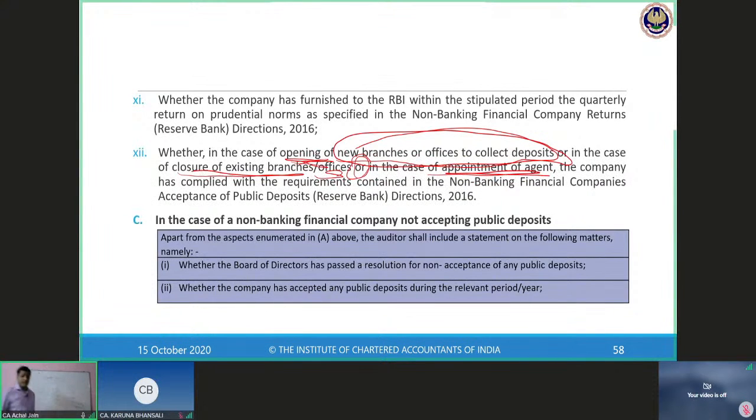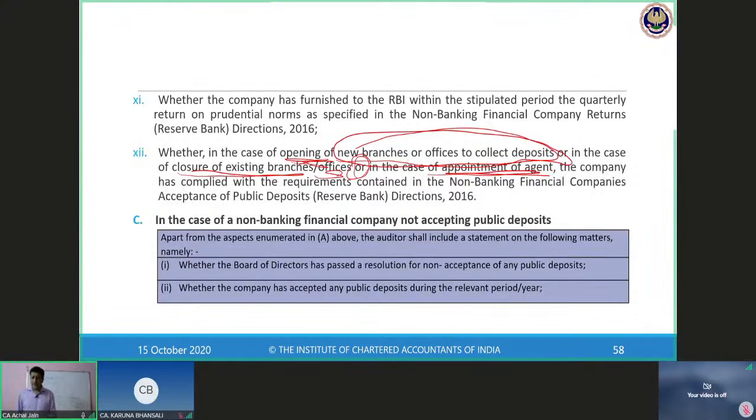Okay, so that is how we have bifurcated all of these points. So what are we saying? We are saying that requirements of point A will apply to these two NBFCs also, because it covers all. So whenever we'll look at the requirements, we'll say A plus B, or we'll say A plus C. Clear? Yeah?